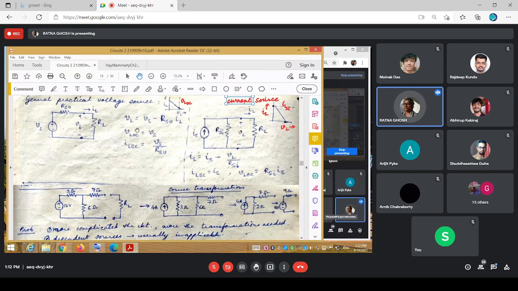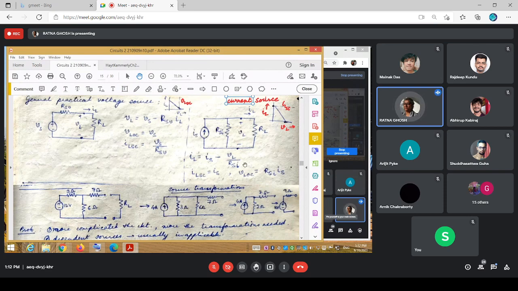VLOC here, if this is open circuited, would be the same as VS. ILSC, if this is shorted, would be VS divided by RSV. Correspondingly here, ILSC, if this is shorted, naturally this will be bypassed, so ILSC would be nothing but IFS.